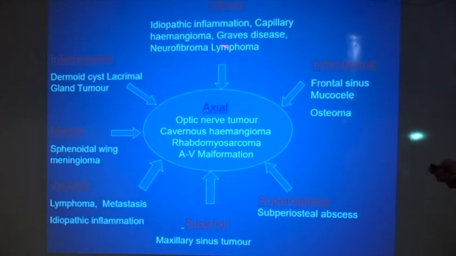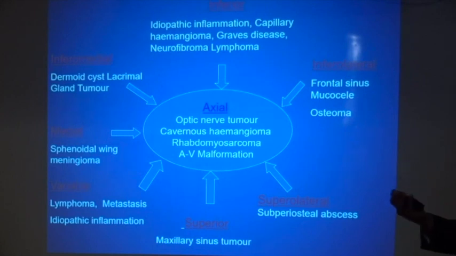So if you look at all of these tumors and how, say you have axial proptosis, then you have to start thinking, well, this is my differential. You don't have to worry about a maxillary sinus tumor or frontal sinus mucocele, etc. So depending on where the lesion is and which direction it's pushing, or where the involved lesion is, you will start to narrow your differential diagnosis very quickly. Does this slide make sense?